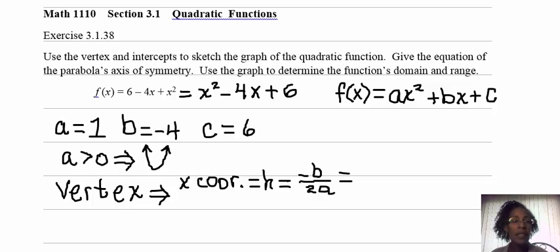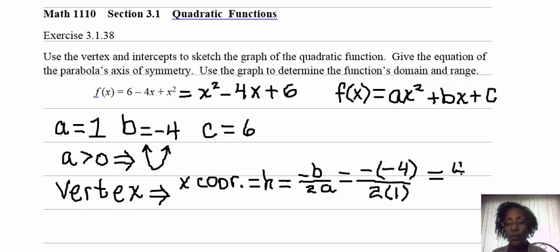In this case, since b is negative 4, this formula gives us negative negative 4, and since a is 1, over 2 times 1. So this winds up being 4 over 2, which is 2. So the x-coordinate of our vertex, which we call h, is 2.